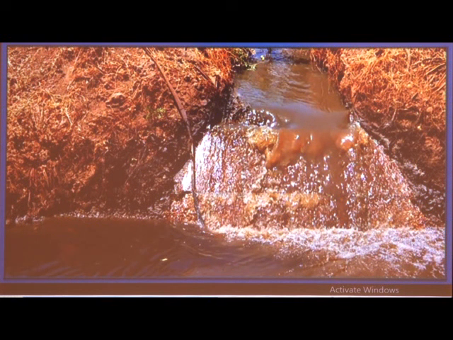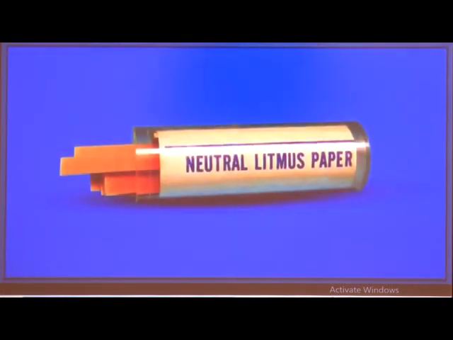Acidity can pose several challenges even to plant life. Let's see how. We need to test the acidity of soil using litmus strip before we plant a tree.